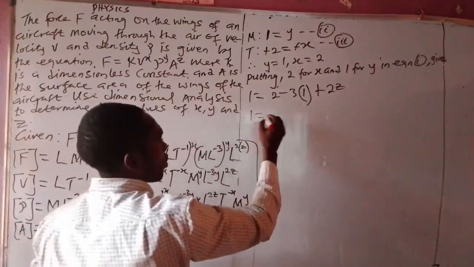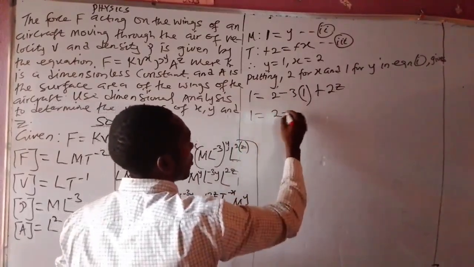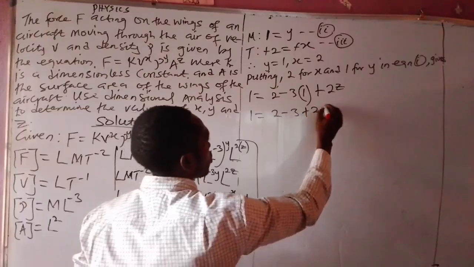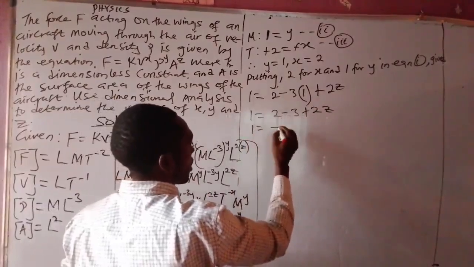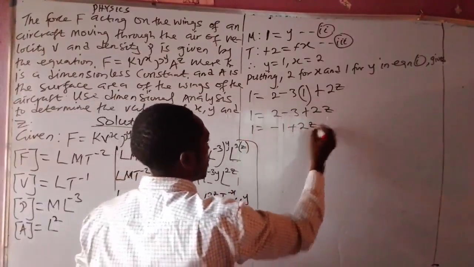So 1 equals 2, this is minus 3 plus 2z. So we have 1 equals 2 minus 3 plus 2z.